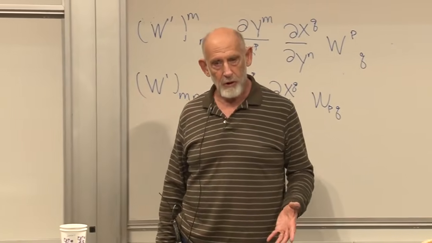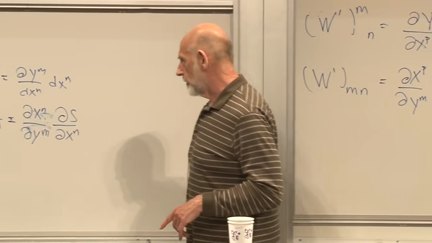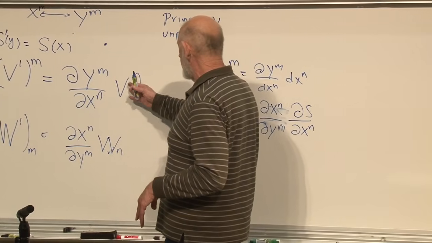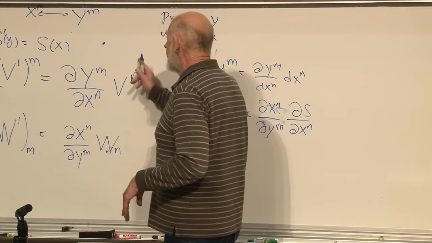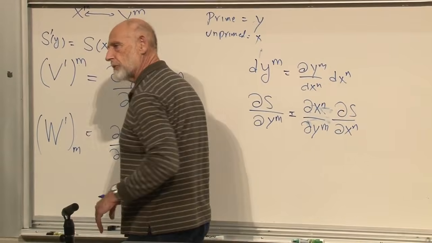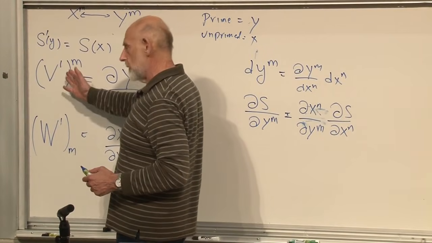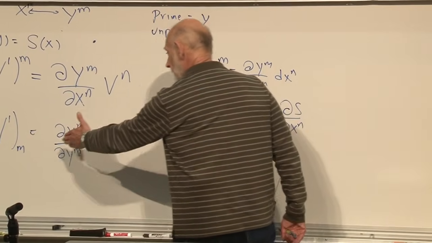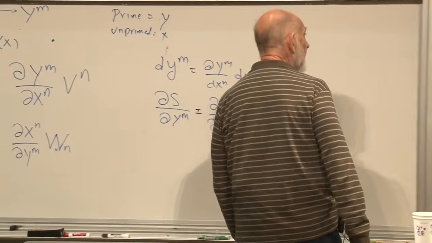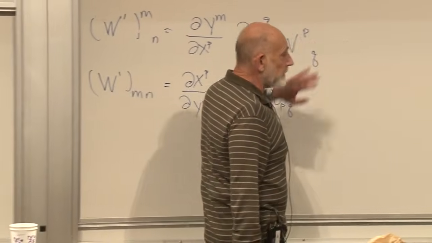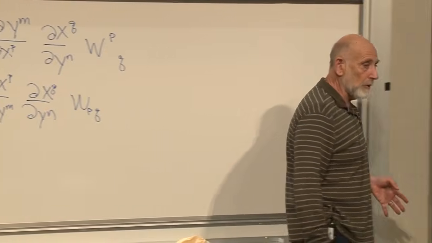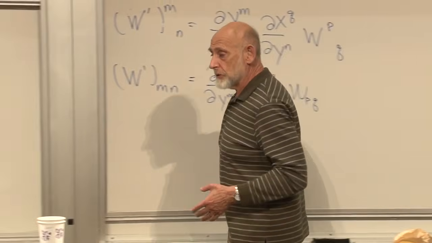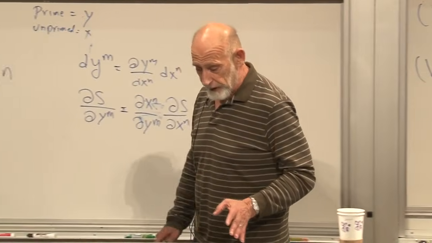A vector is only 0 if all of its components are 0. If all of the components of the contravariant vector Vn are 0, then obviously the transformation property is such that all the components of the primed vector are 0. Likewise, with any tensor, if all of its components are 0 in one coordinate system, then all of its components are 0 in every frame.